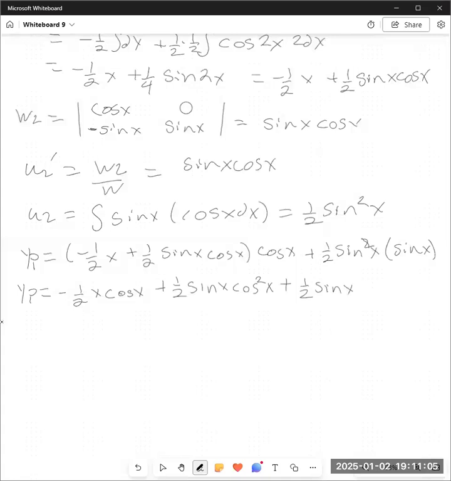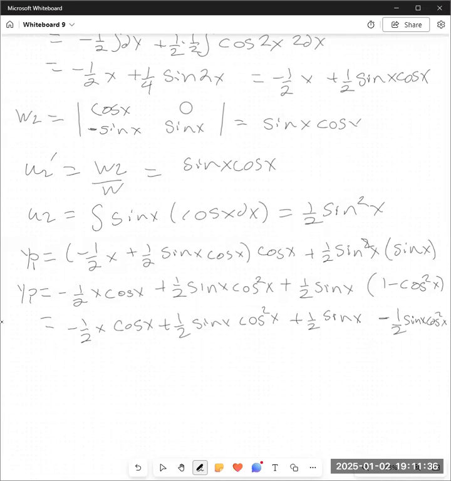I see a cosine squared, so I'm going to try and change these sine squareds into 1 minus cosine squared, just to see if anything zeroes out or combines here. So this is going to be negative 1/2 x cosine x plus 1/2 sine x cosine squared x plus 1/2 sine x minus 1/2 sine x cosine squared x. So plus 1/2 minus 1/2 zeroes each other out.